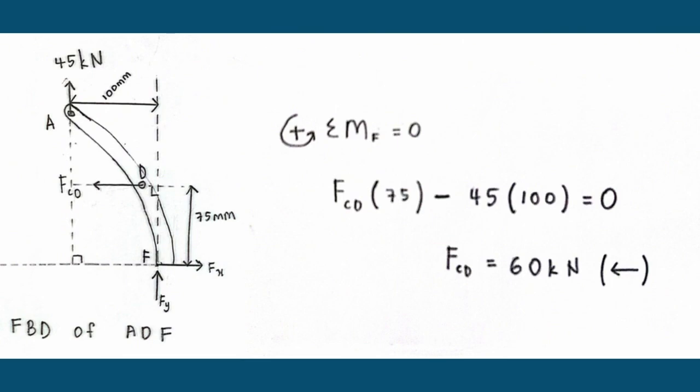For point A, 45 multiplied by 100, and the rotation at A is clockwise, which means negative, equals 0. After we do the calculation, FCD is 16 kilonewton, and the direction is to the left.